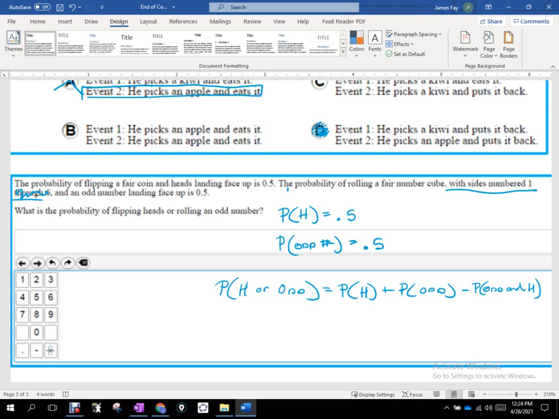Can those events happen at the same time? No, okay. We would say that those are disjoint events, or mutually exclusive. They cannot happen at the same time. So this number here is going to be 0. So what's probability of heads plus probability of odd? Be 1, right? Okay.